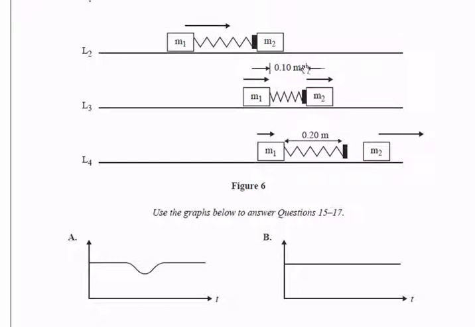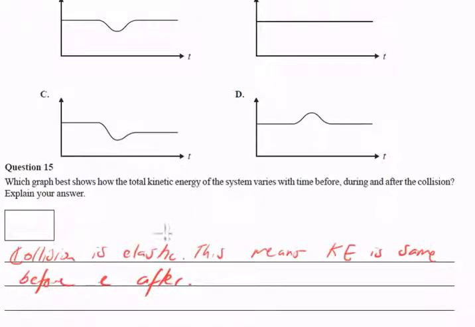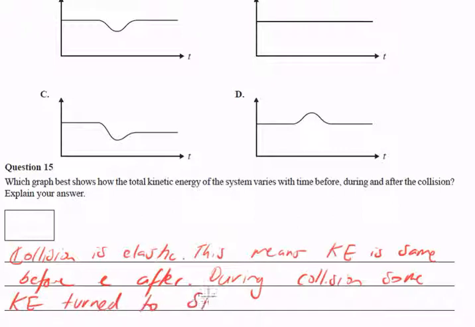Okay, so the total energy in the system is the same, all kinetic here, all kinetic here. During the collision, some of that kinetic energy turned into spring potential energy.